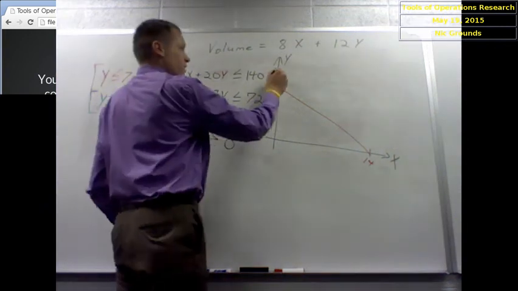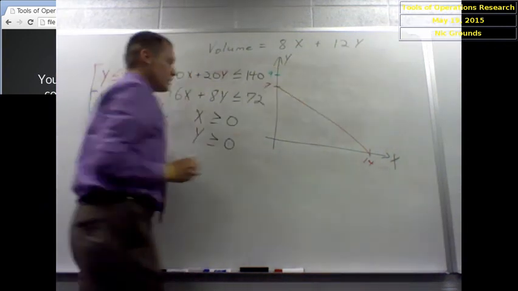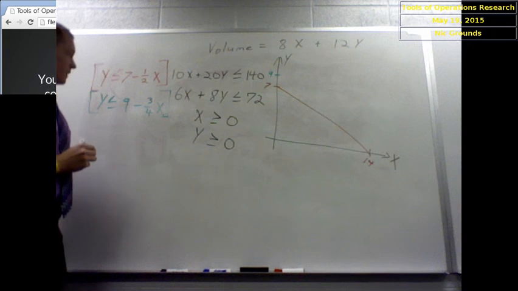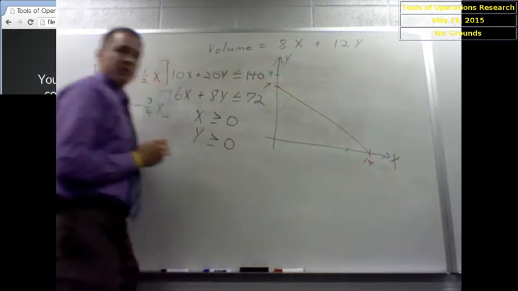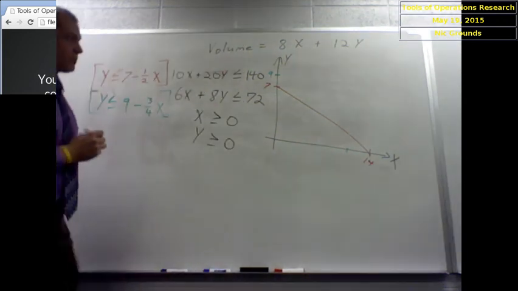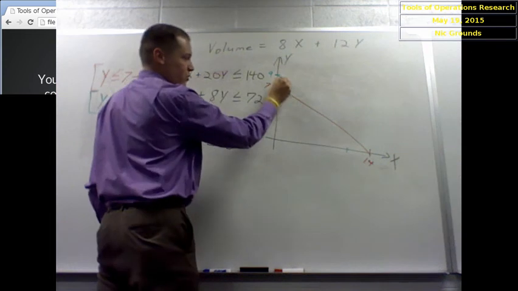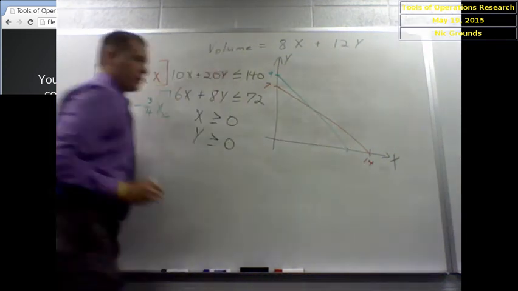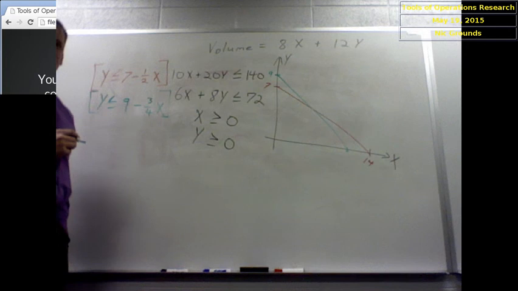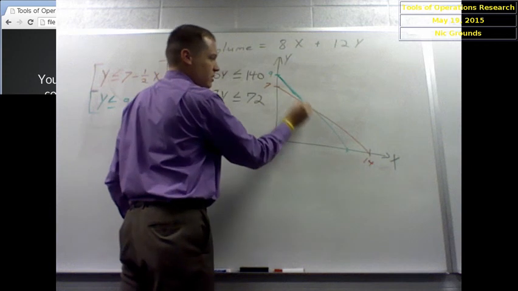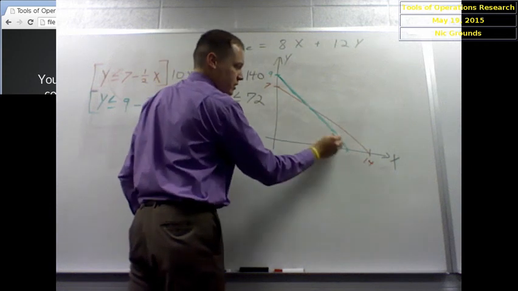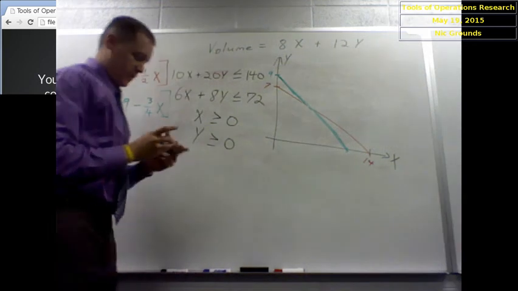Okay. So again, we can graph this. So there's 9. 3/4 of 9, okay, somewhere there, right? It's not a whole value. It's going to look something like that. So we have a green line representing our floor space constraint.